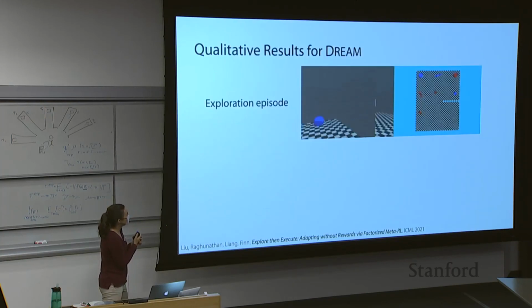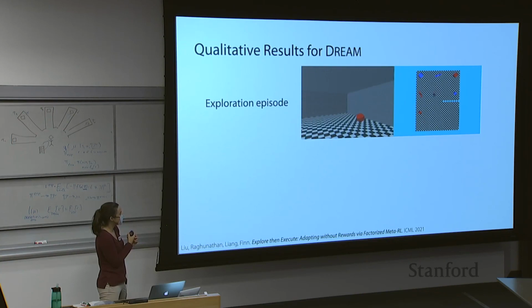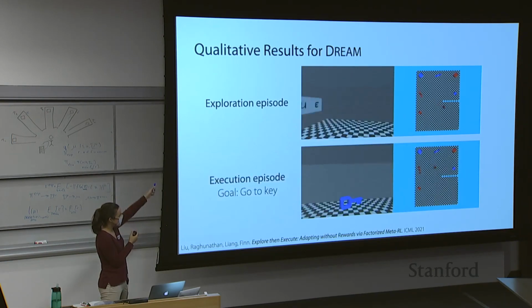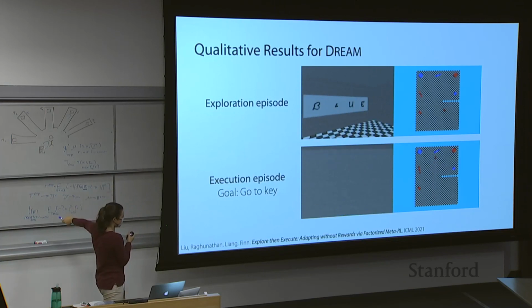And you can actually look at the behavior it does, and you can see this is the exploration episode, and it learns to go around the wall and then look at the sign. And the execution policy uses the exploration episode to infer what the task is and then goes to the right object.